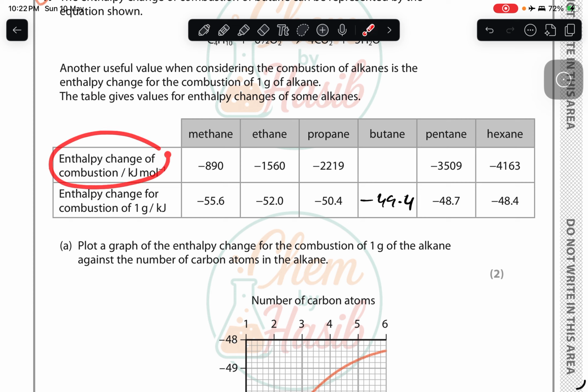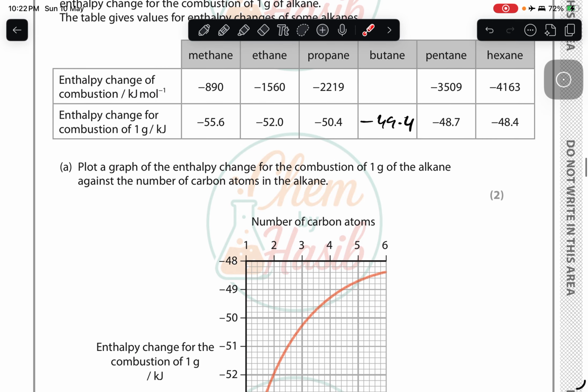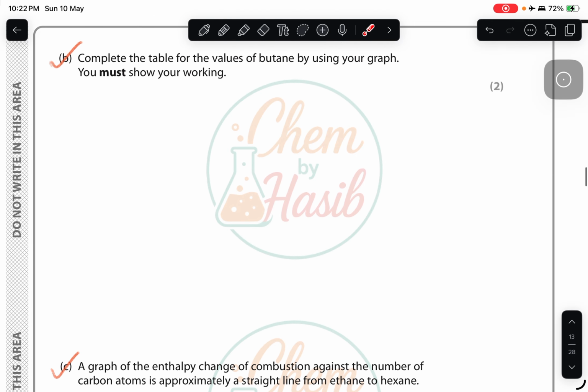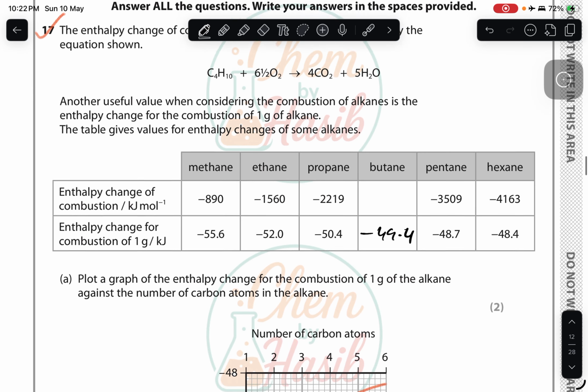So this was per gram and this is per mole, right? You can find this using the unitary method. When you burn 1 gram of butane, it produces 49.4 kilojoules.